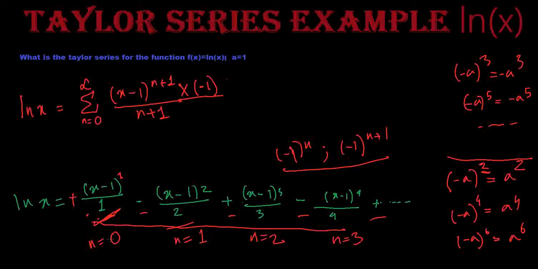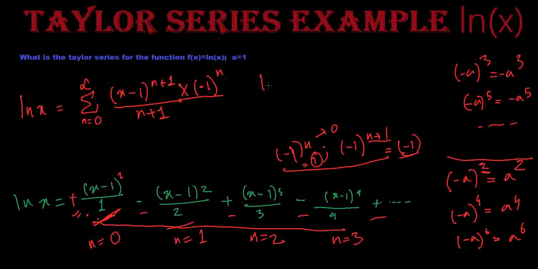Since the first term is n equals 0 here, if we put the value n equals 0, this comes out to be positive 1. And also we see that the first term is positive, so we are going to use minus 1 to the power n here, because if we use n plus 1, the first term is going to be negative, that we don't want, because the first term is positive.